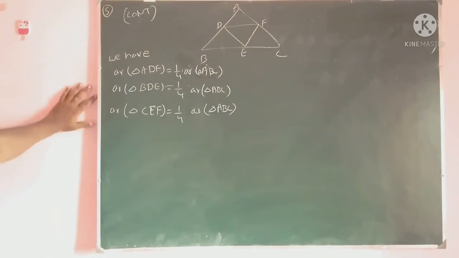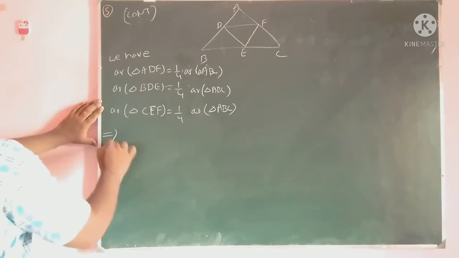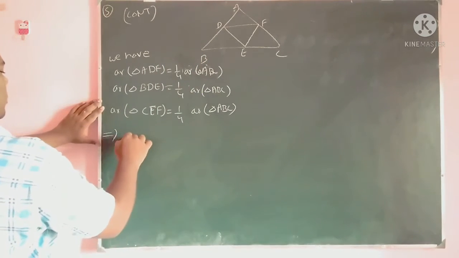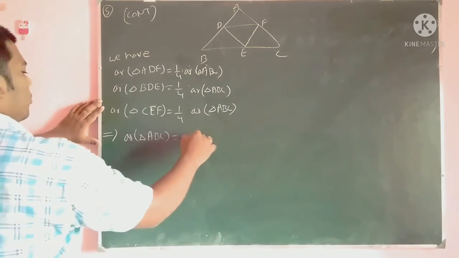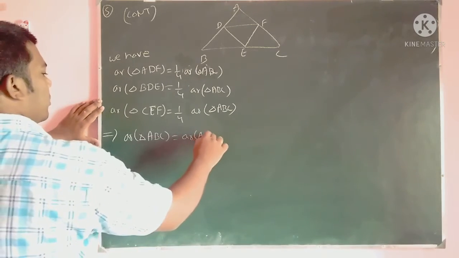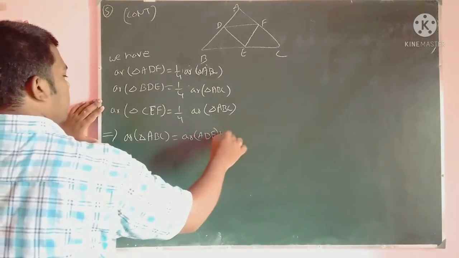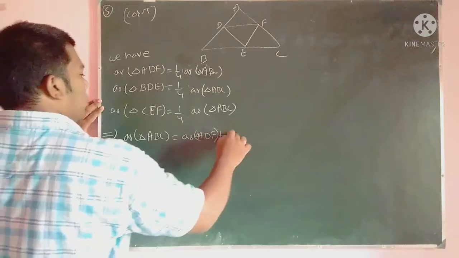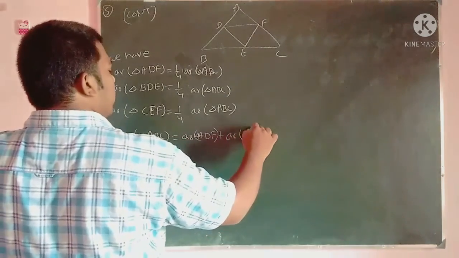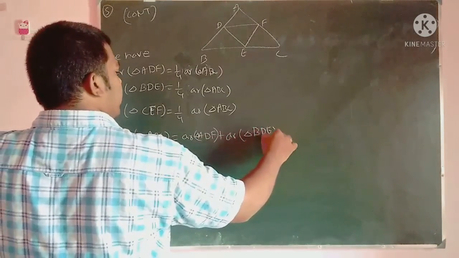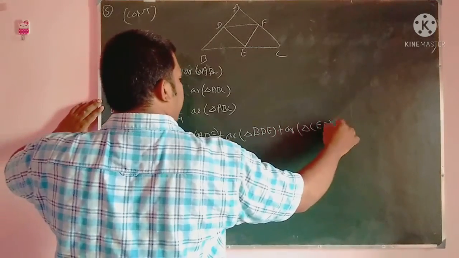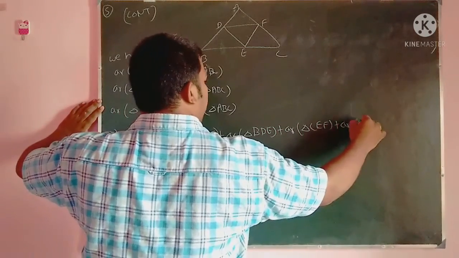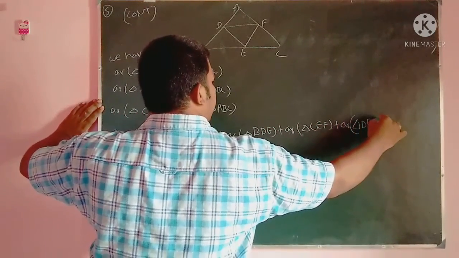So now by this what can we write? From the figure we can write area of triangle ABC is equal to area of triangle ADF plus area of triangle BDE plus area of triangle CEF plus area of triangle DEF.